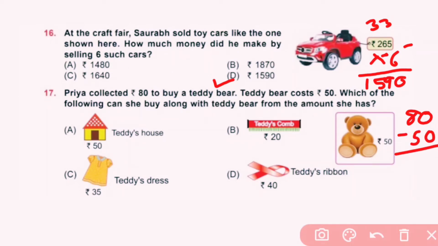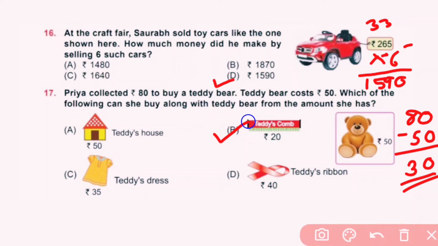So the remaining is 30 rupees. In option A, the teddy house is for 50 rupees, so she cannot buy the teddy house. Option B, the teddy comb is for 20 rupees and she has 30 rupees, which is more than 20. So she can buy the teddy comb. So here B is the correct answer.